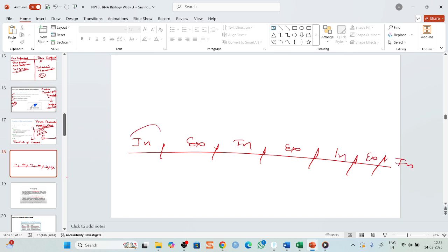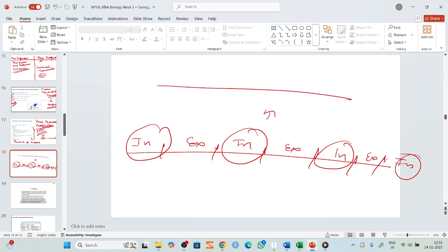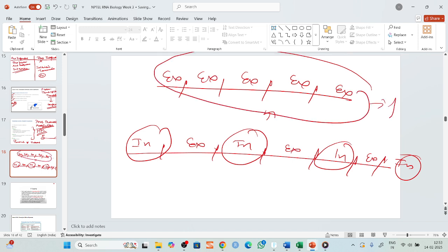These introns are removed in the final mRNA product. So in the final mRNA product, you only have exons, exons, exons, exons, and exons. This is your final mRNA. This removal of introns is known as splicing. So these introns are spliced out.